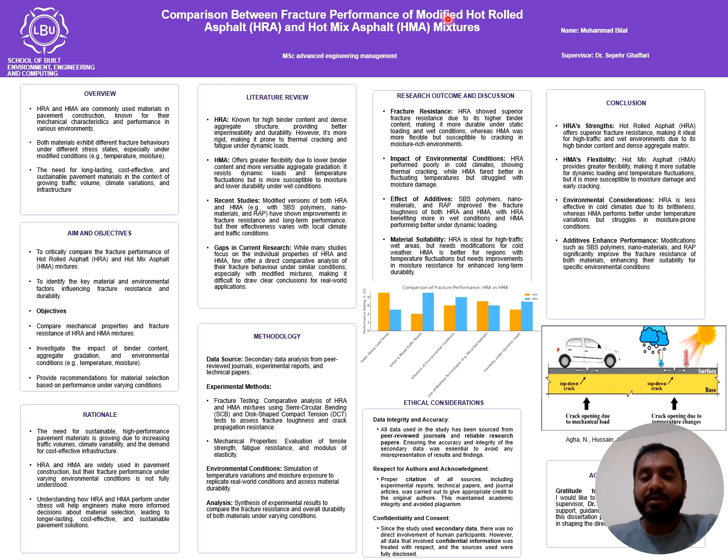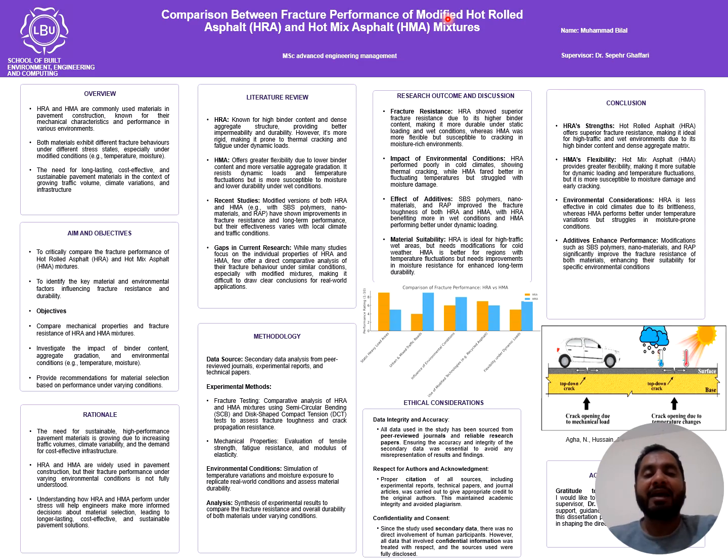In these reviews, I got some key results. The HRA is best for static, heavy load areas like airports or freight roads. The HMA is better for urban and mixed traffic roads due to its flexibility.